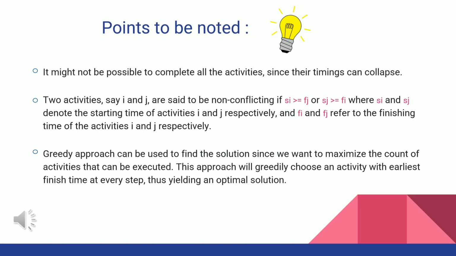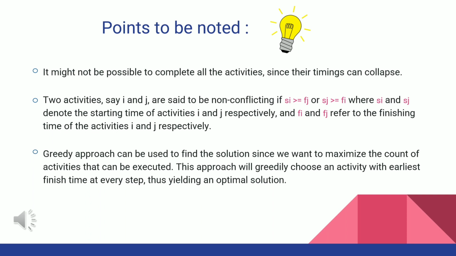These are some of the points you should remember while handling the activity selection problem. First, it might not be possible to complete all the activities since their timings can collide. Two activities are said to be non-conflicting only if Si is greater than or equal to Fj, or Sj is greater than or equal to Fi.